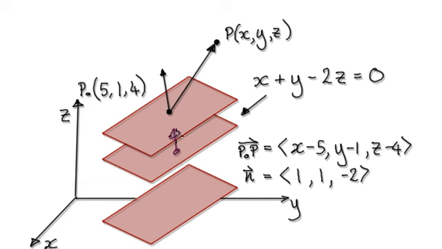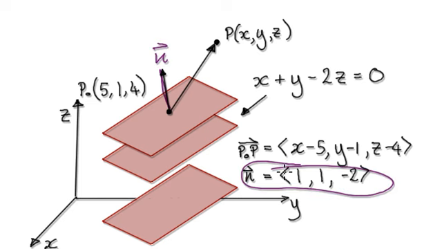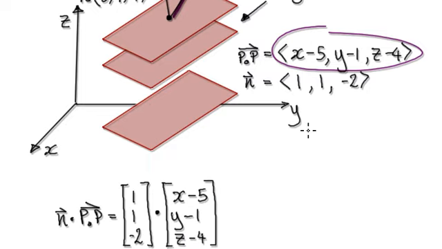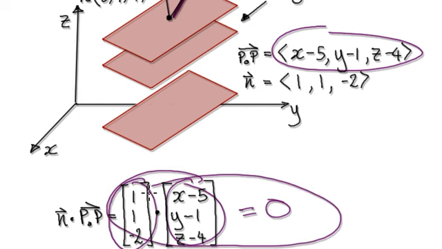So the normal vector here is given by this. So to describe this plane, we would demand that the dot product of this vector and the normal vector be 0. So we would make this demand.